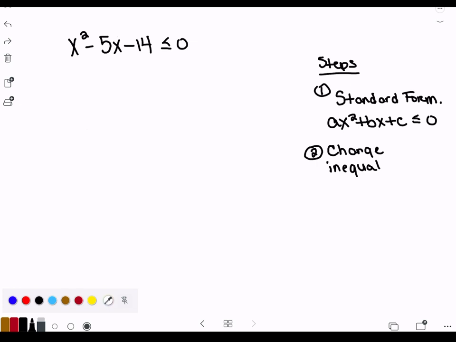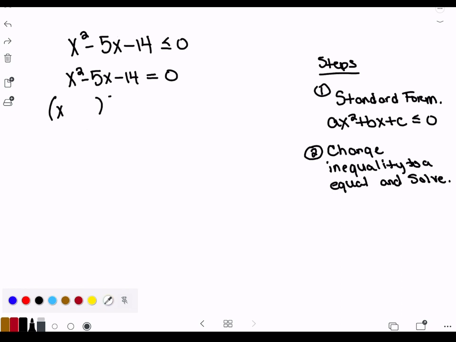Now, step 2, we're going to change the inequality to an equal sign and solve. So in this problem, I'm going to put x squared minus 5x minus 14 equals 0. Now you have to solve this. This is where your skills in solving need to come into play. I'm choosing to factor.